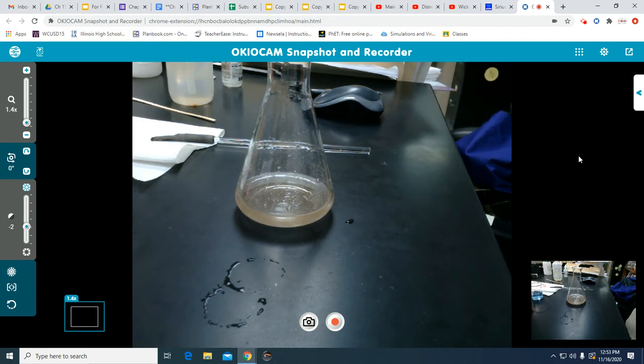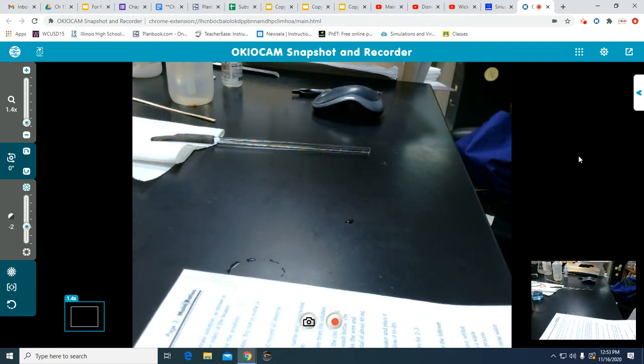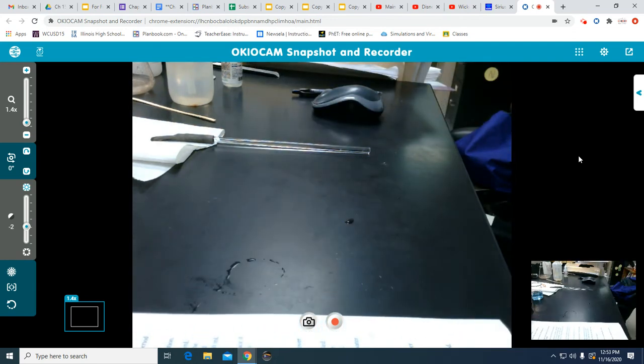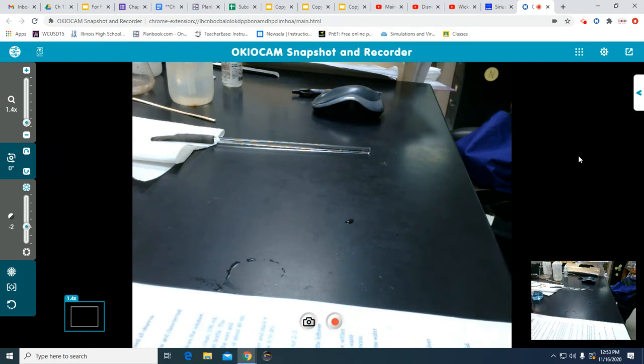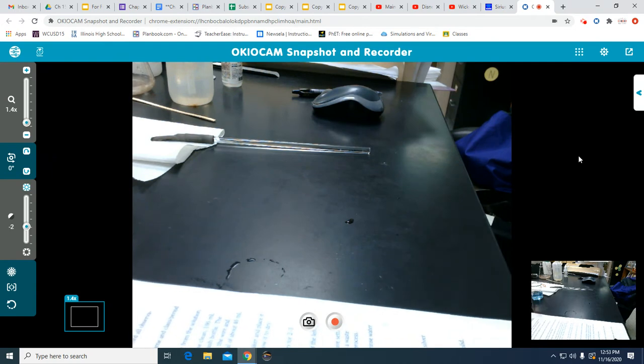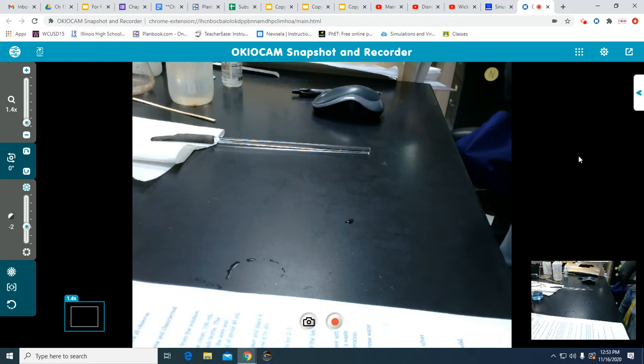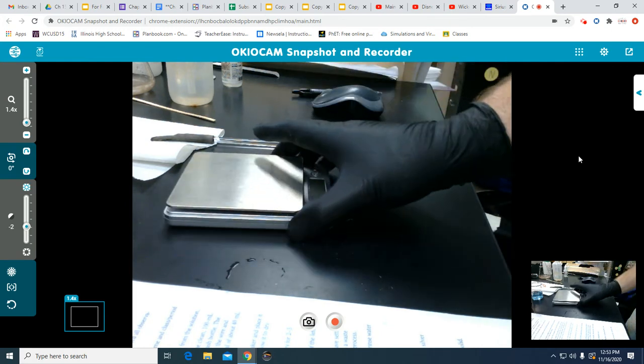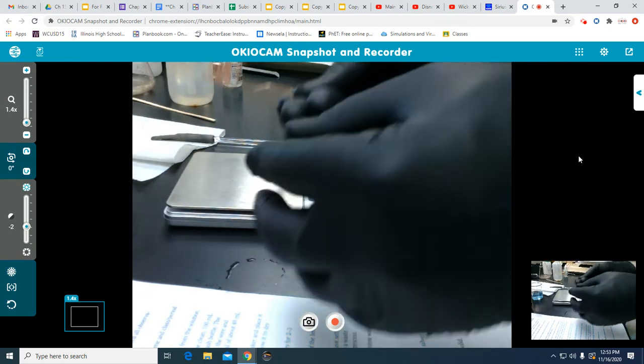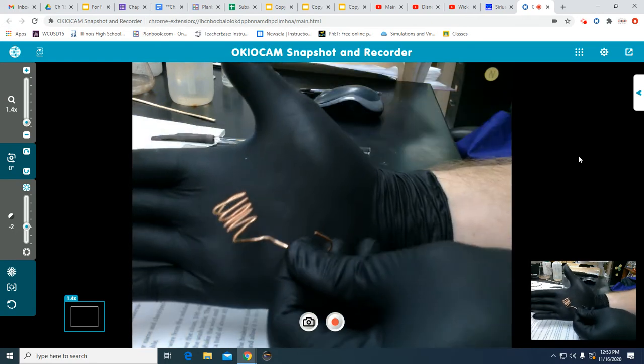And then I'm going to go back to step 15. Okay, step 15, I'm going to push this wastewater off to the side. Step 15 says, measure and record the final mass of the copper wire and note the appearance. While this is booting up, I'm going to see if you can see the difference in appearance.